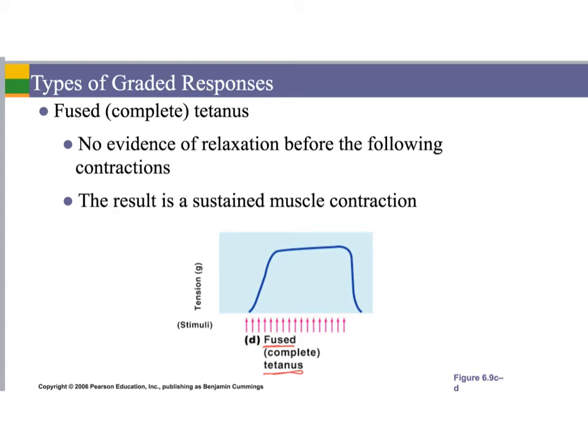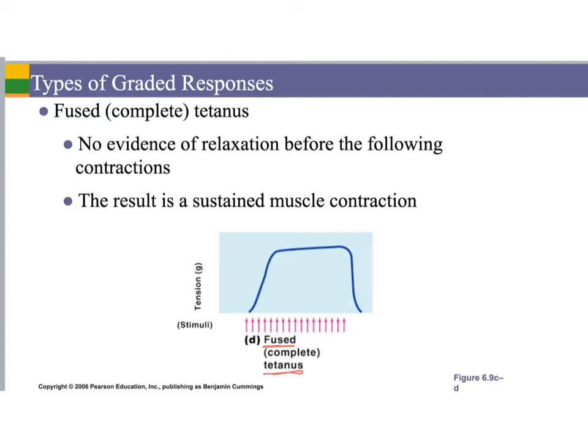So we have a single contraction that gives us enough time for full relaxation, which is called a twitch. And then we have tetanus, where we see the summing of contractions, but there is a resting phase in between, but we've increased the frequency of that stimulation. We've increased the frequency of that contraction, and it's summing. Every time it contracts at a little bit higher tension.